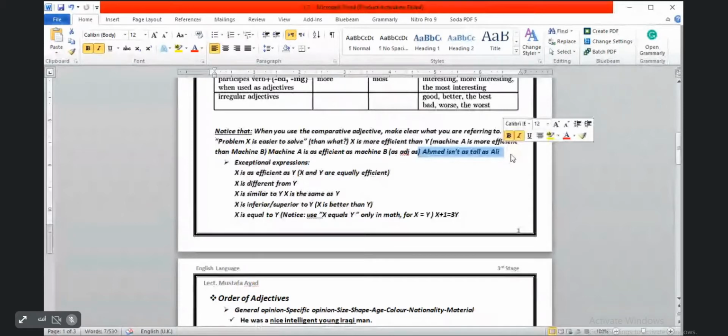This is a good form by the way. I use it sometimes for similarity. This lecture is as good as the previous one. This lecture is as important as the last one. It is important that we use the as adjective as form, and it's very easy.